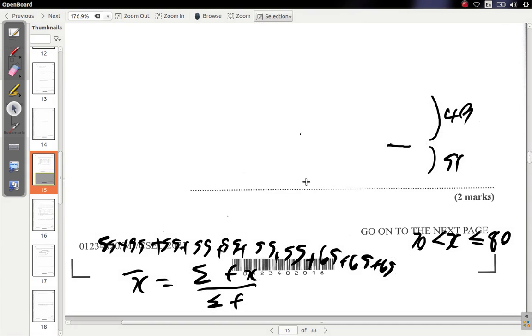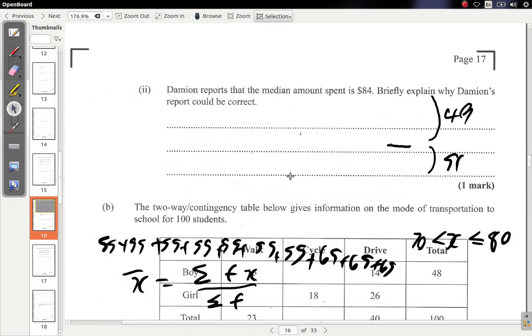So what you could have said is that it could be correct because the frequency corresponding with money above the $84 and the frequency corresponding with money below the $84 are about the same, so it could be correct.